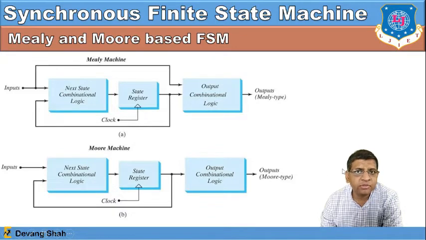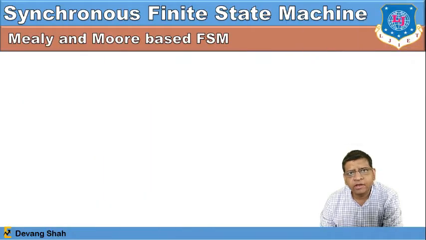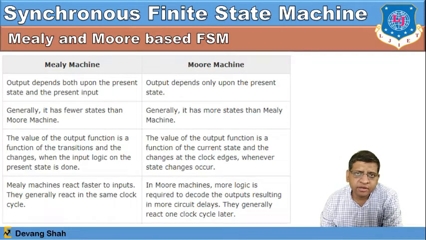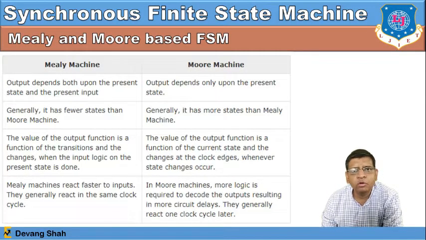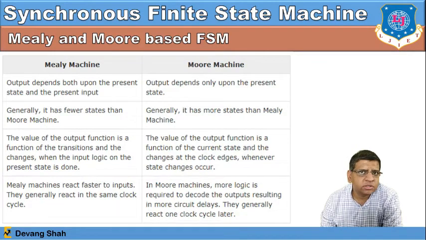So based on that, you can go for either a Moore machine model or a Mealy machine model. That depends on the designer's wish, in what way he or she wants to design these synchronous sequential circuits, right?